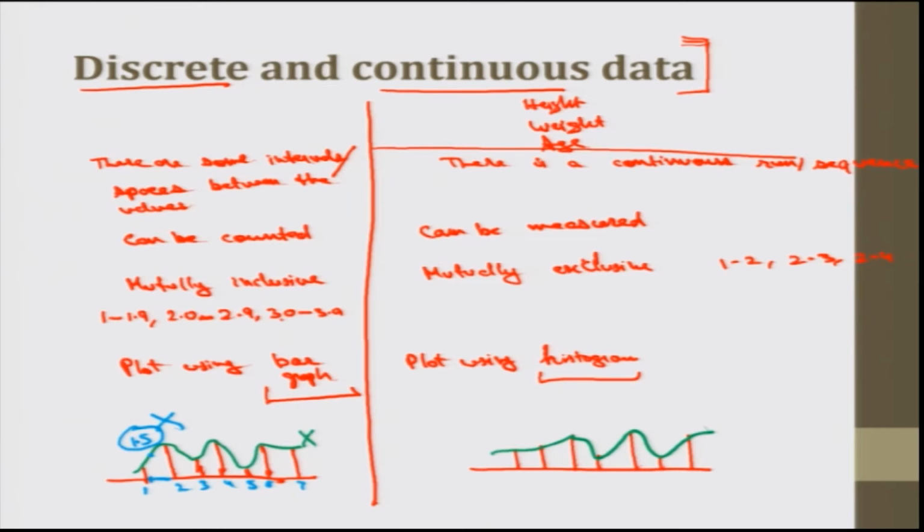In continuous data, yes, if there are certain points 1, 2, 3, 4, 5, 6 and 7, and if this is a length, let me say 2 centimeter, 3 centimeter, 4 centimeter, 1 centimeter, 5 centimeter and again 4 centimeter, these are the lengths here.